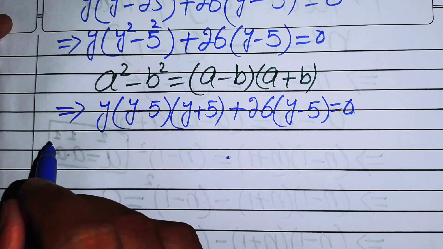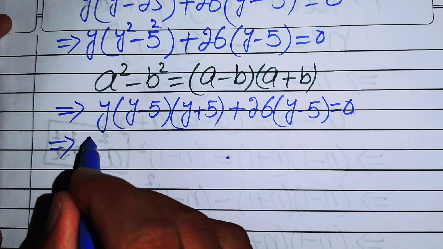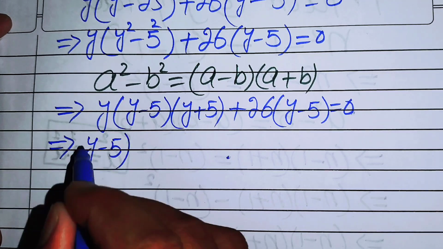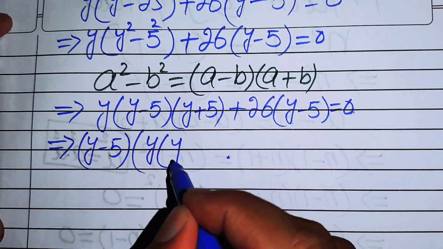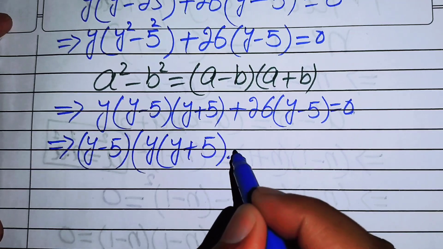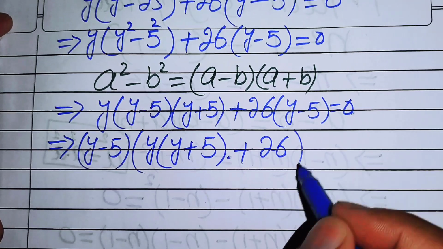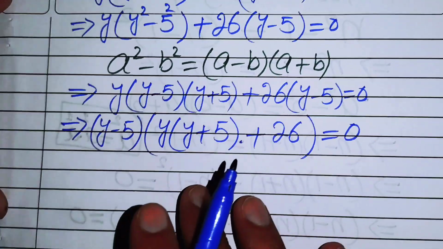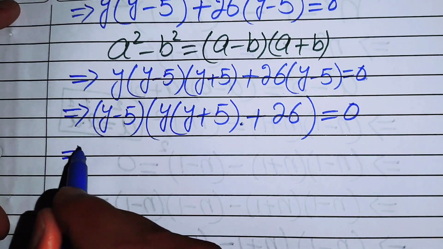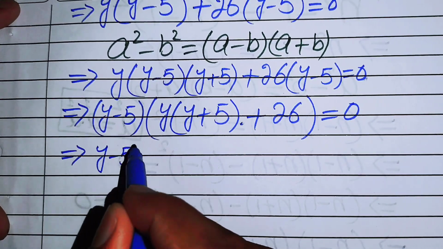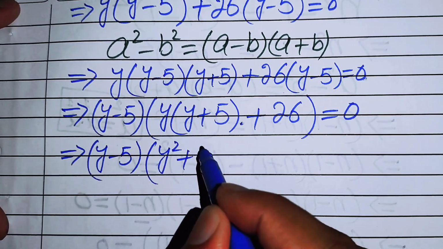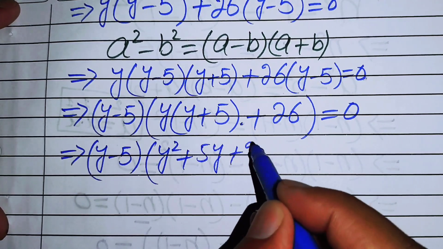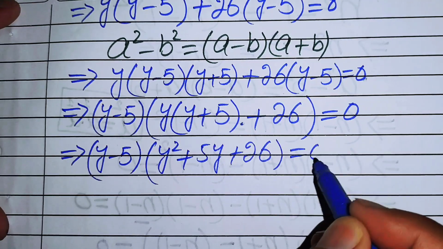Now you can take common y minus 5 from both terms, and you get y minus 5 times y plus 5 plus 26, and this whole is equal to 0. Now we simplify the terms, and you get y minus 5 times y squared plus 5y plus 26 is equal to 0.